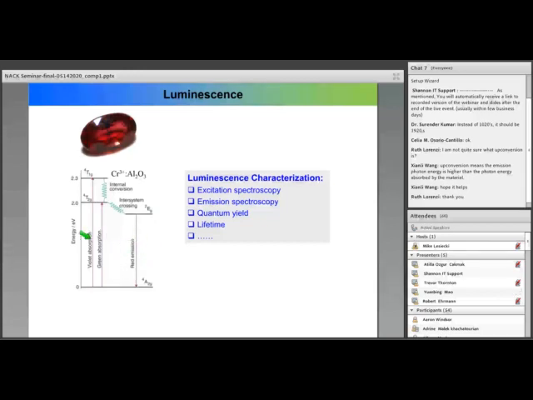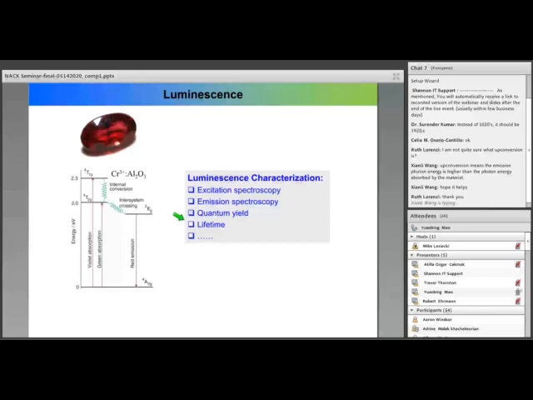Then the quantum yield, that means the difference between the emission and the absorption. And then the lifetime. We talked about the time scale a little bit earlier, so how do we see this transition that happens? So these are the four techniques we widely use, and some of the data I will show are based on these characterization techniques.